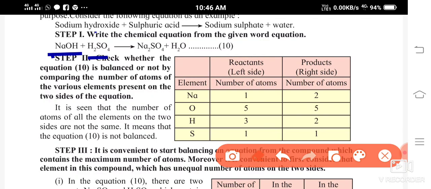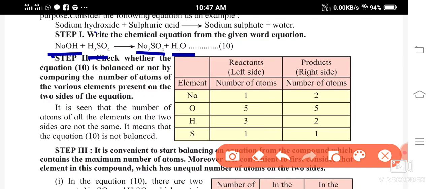Now sodium sulfate, see again, 2 atoms of sodium, 1 atom of sulfur and 4 atoms of oxygen, correct? So 2 plus 1, 3, 3 plus 4, 7, plus water consists of 2 plus 1, 3, right?